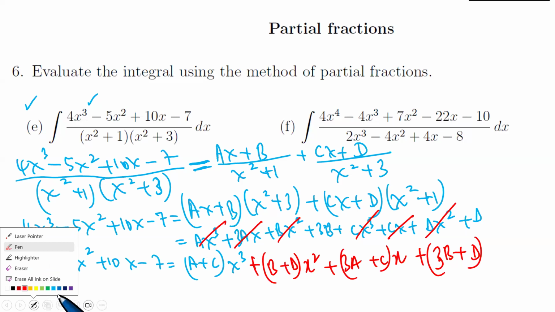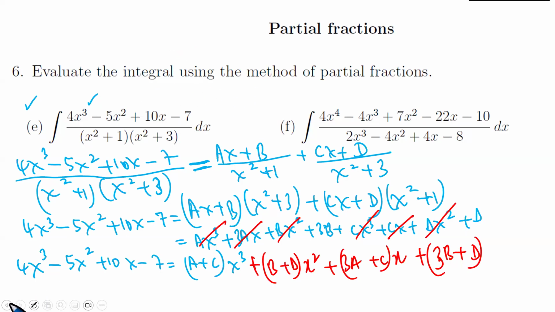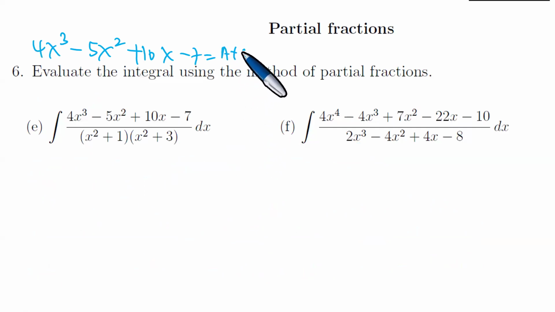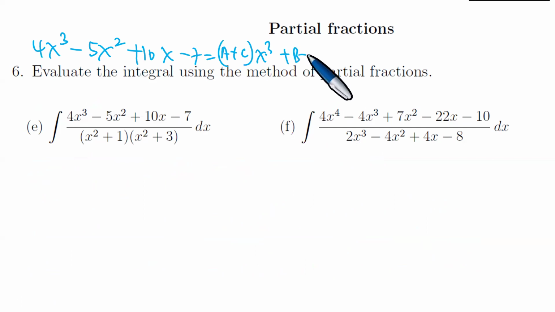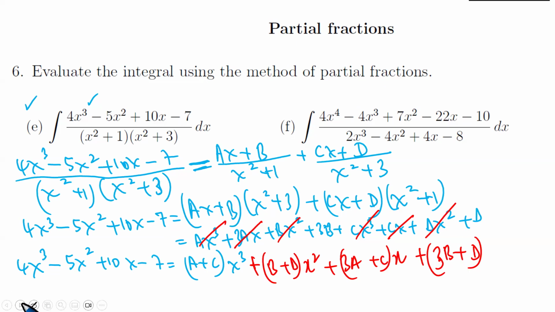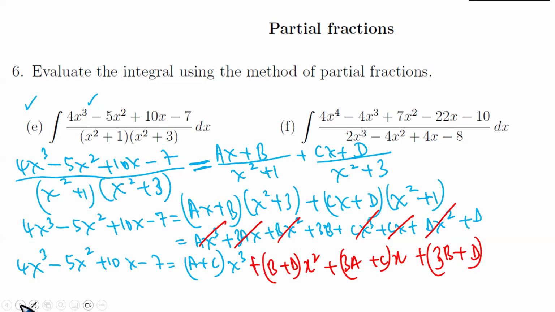What we're getting here is that 4x³ − 5x² + 10x − 7 equals (a + c)x³, then (b + d)x², and then (3a + c)x, and then 3b + d.